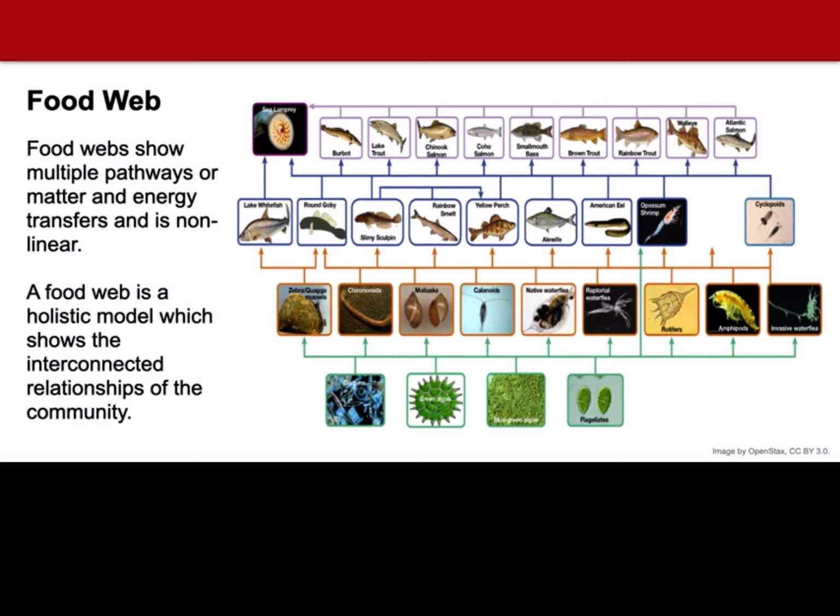While a food chain shows a single linear pathway, a food web shows multiple pathways for energy and matter to travel within a community. A food web is non-linear and more complex than a food chain. It is a holistic model which shows the interconnected relationships of individuals within a community.